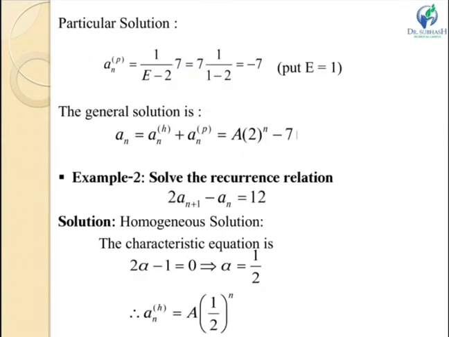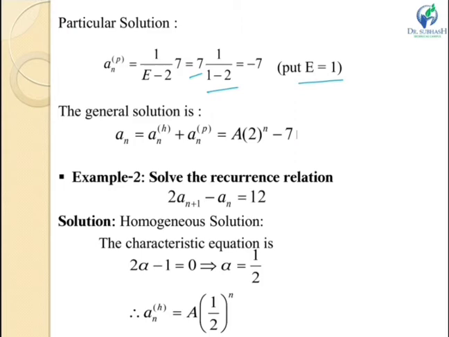Now next, the particular solution. a_n^P equal to, we have seen just now, 1 upon phi of E. That means in the characteristic equation we will replace alpha by E. So alpha minus 2 can be replaced as E minus 2. And this 7 is our function, which is constant. So this can be written as 7 into 1 upon 1 minus 2, where I have substituted E equal to 1.